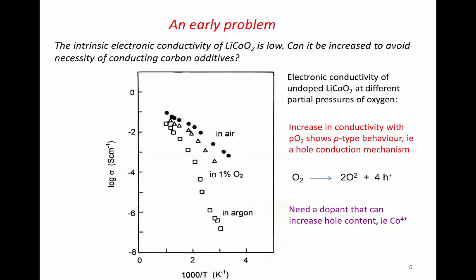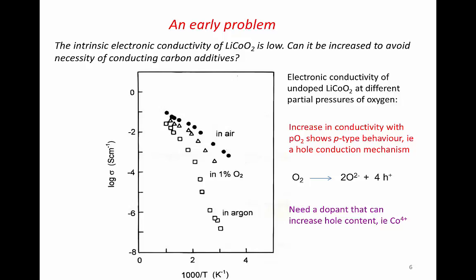And you can see here conductivity data of lithium cobalt oxide in 3 atmospheres: argon, oxygen, or 1% oxygen, and air. And the conductivity is much higher in air than it is in argon, especially at lower temperatures.